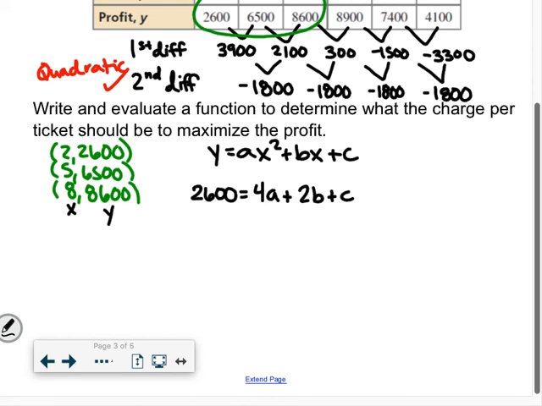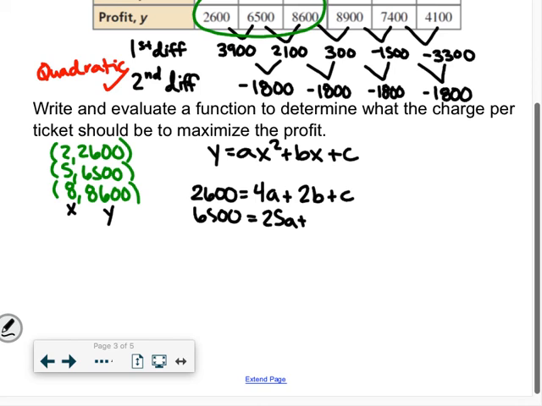So when you actually plug in your xy ordered pair, you have to square with the a and then just use the x for the b, but it actually writes a pretty simple equation right there. And then you do it again for the next point. This time 6,500 is my y. It's equal to a times 5 squared, which is how many a's? 25. 5 times 5, 25a.